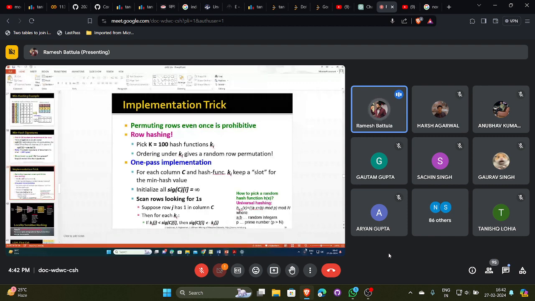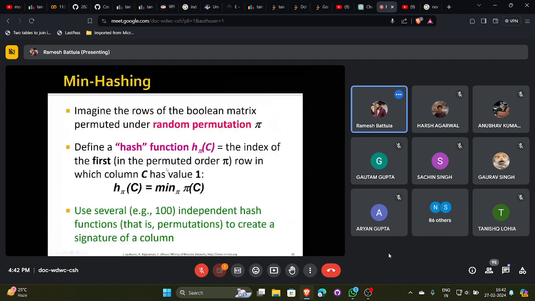We have this example. First, we try to understand what min hash is. In min hash, we created a Boolean matrix previously. Most of you understand. Yes, sir. That Boolean matrix we need to permute under a random permutation pi. Why do we develop a hash function with the help of that random permutation pi? This hash of pi of C says the index of the first row in which column C has value 1.